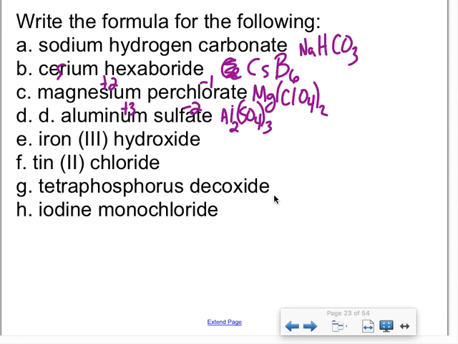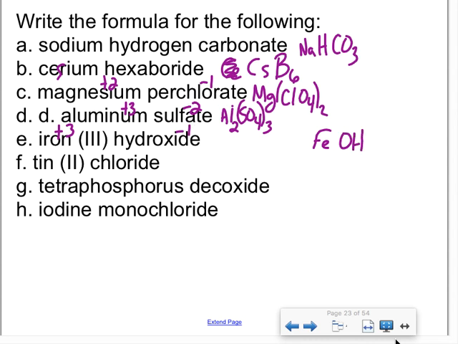Iron 3 hydroxide. So what's the charge on iron? Plus 3. So Fe. And then hydroxide is a polyatomic ion. Minus 1. And it's OH.